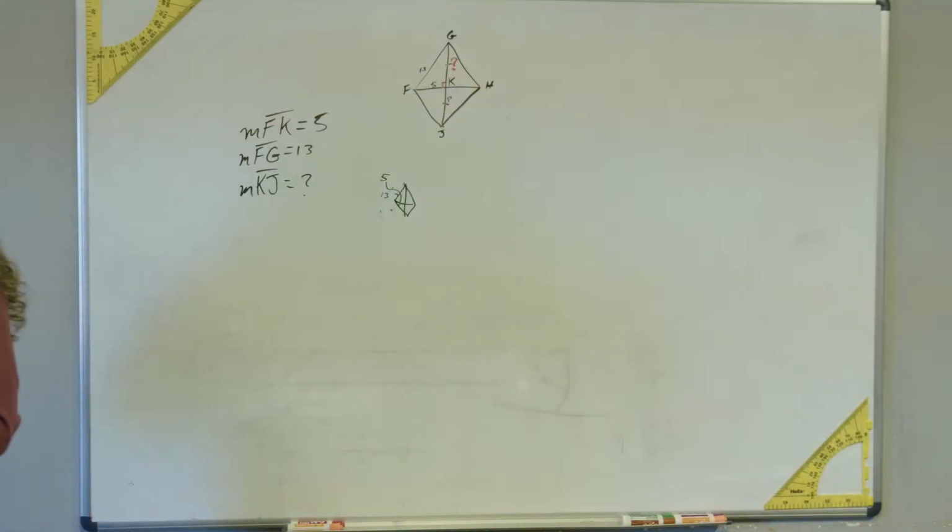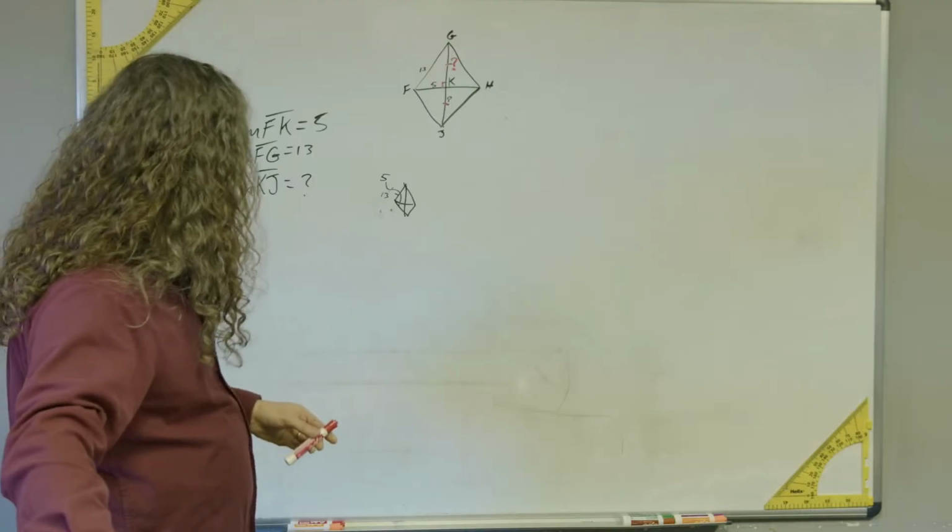So we have two sides of a right triangle. How can we find the third? Pythagorean theorem. That's true. What is the Pythagorean theorem?